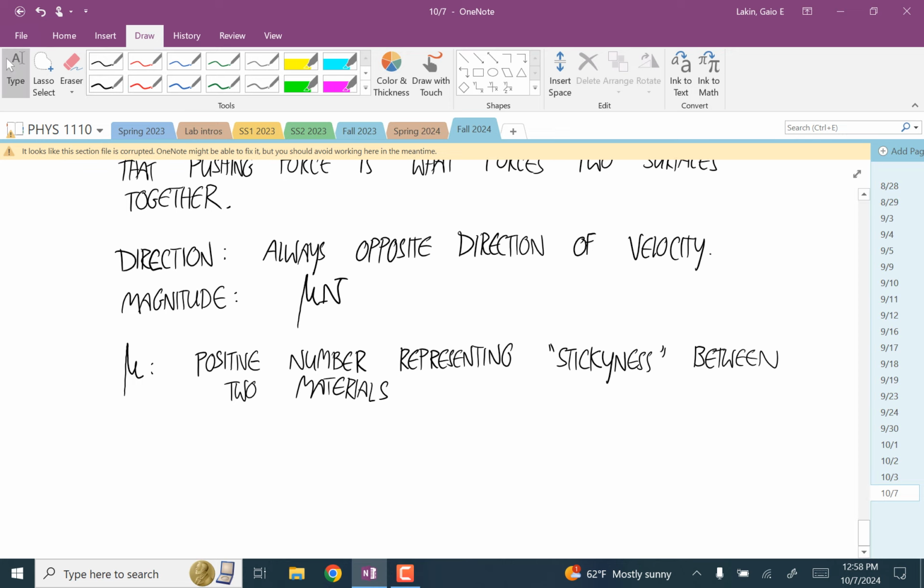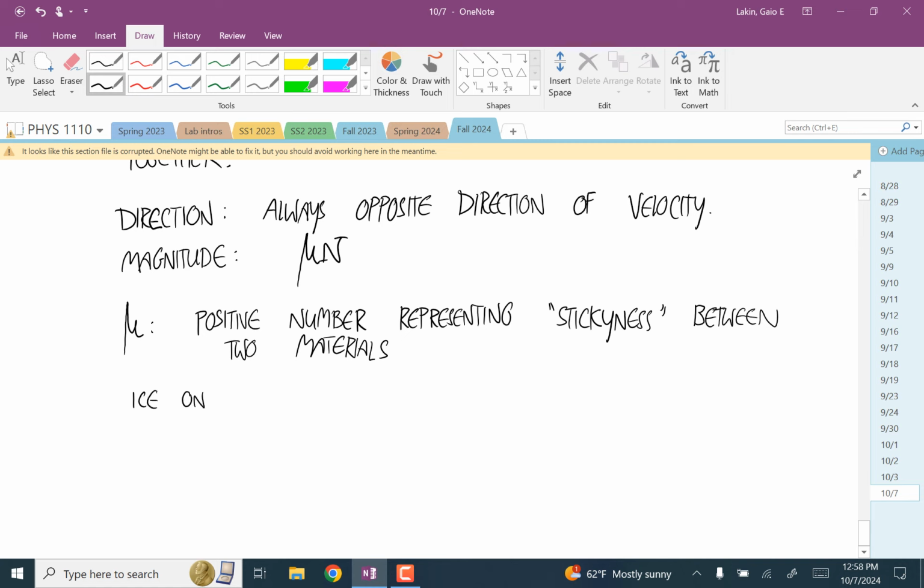But for, where do I have this written? For ice sliding on ice, you would think that that would be a pretty low amount of friction. And that gives you a coefficient of friction of about 0.02, so pretty close to 0. Whereas rubber on concrete, that gets a pretty good grip, you know.